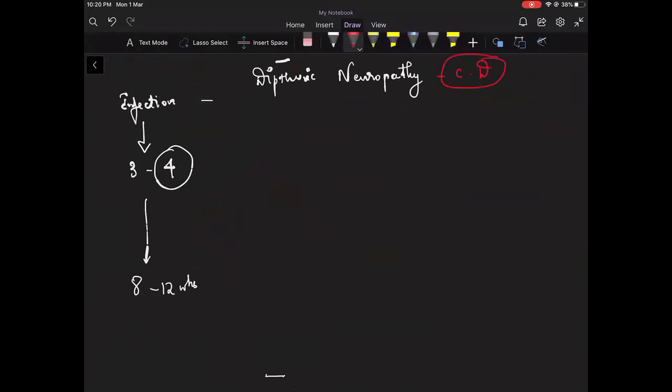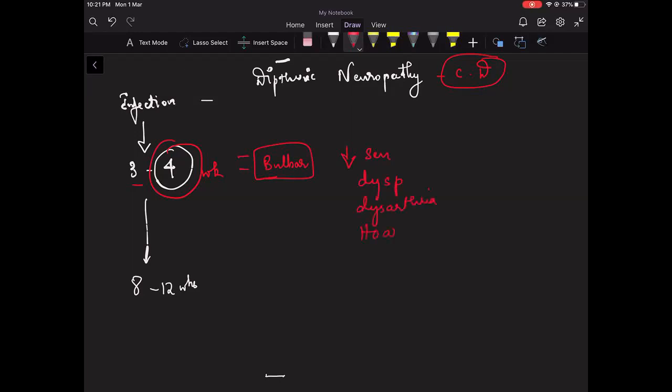Coming to diphtheria neuropathy, the patient in the initial stages will have an upper respiratory tract infection, followed by neuropathy, usually seen after 3 to 4 weeks, predominantly bulbar. The patient will complain of decreased sensation in the throat, dysphagia, and dysarthria.